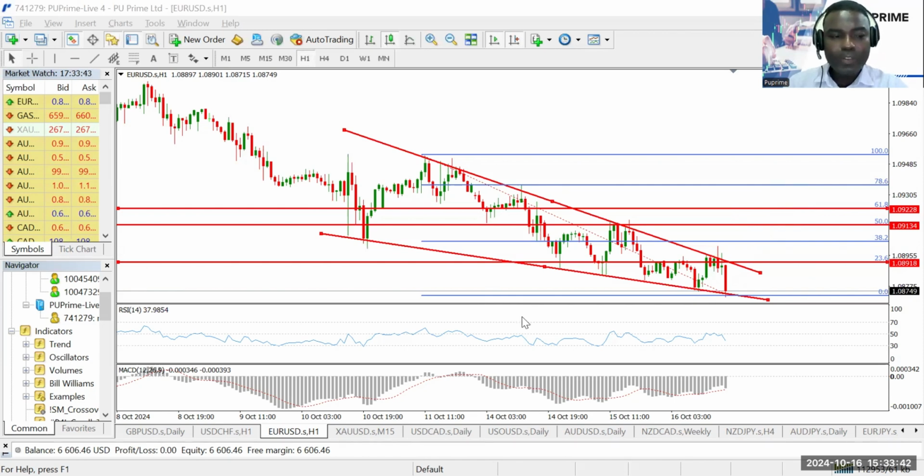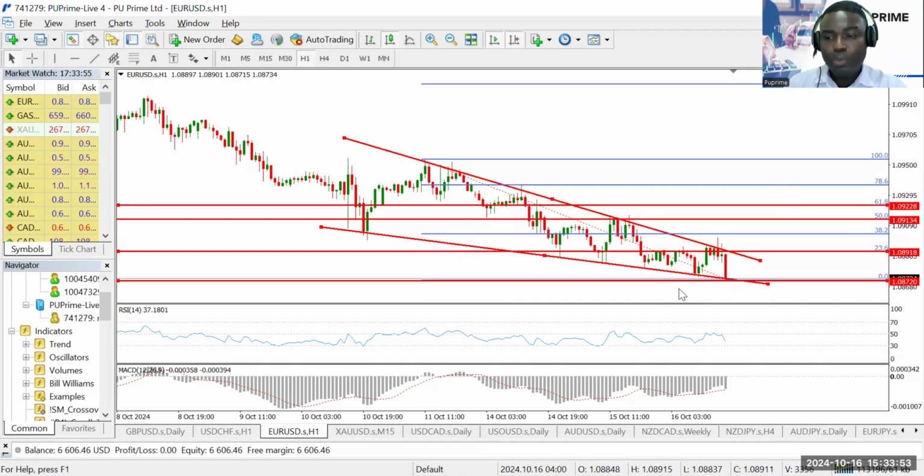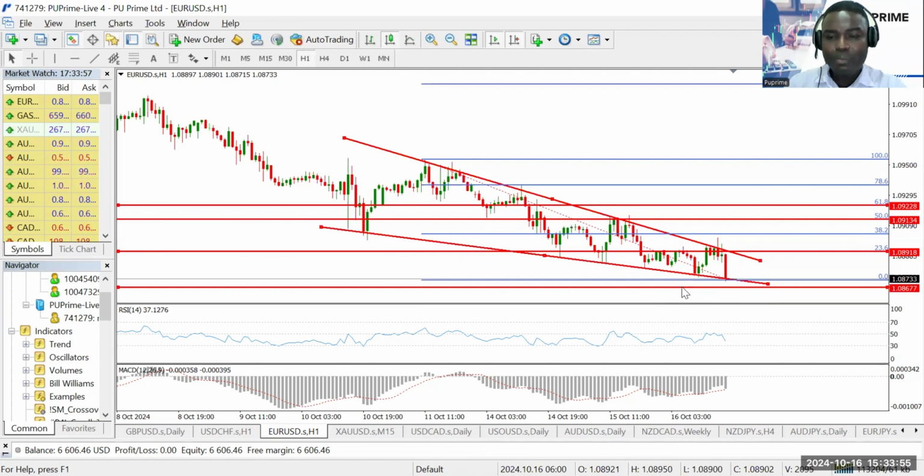And don't forget, if you're using a Fibonacci tool, your stop loss is equally very important. You may use Fibonacci 0 as your stop loss, and not exactly 0, but some pips below Fibonacci 0, at least 5 to 10 pips below. Why do we use 5 to 10 pips? The reason is that you may anticipate that price will buy, you may trigger your entry, and price may reverse and try to sell instead.